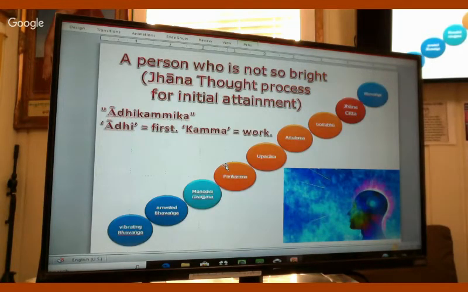But if your mind is very powerful, at that time this process happens: parikamma, upacara, anuloma, gotrabhu, the four yellow ones. So this is kamavacara, sense sphere, working at the time before the jhana.